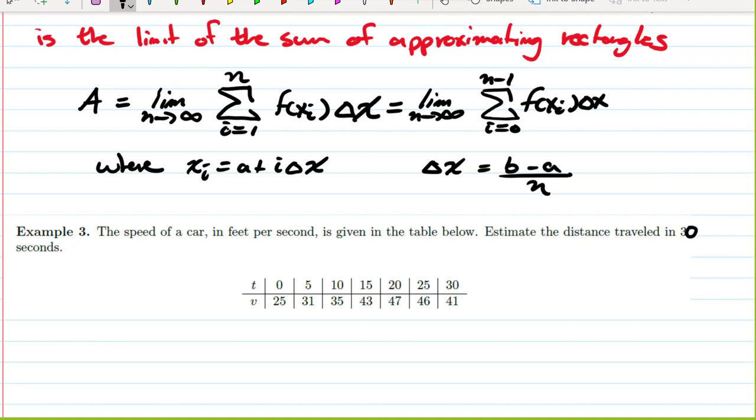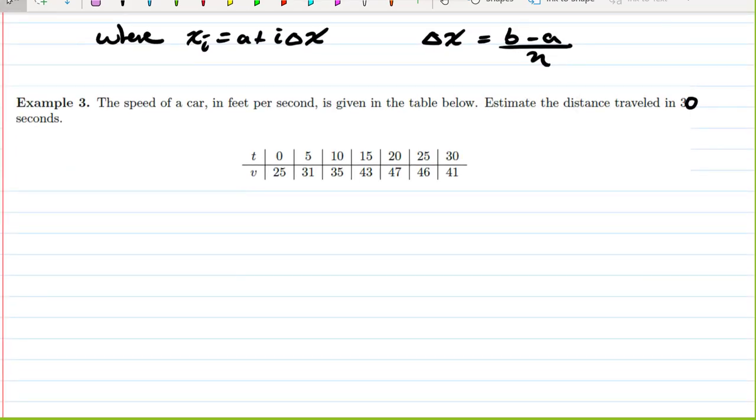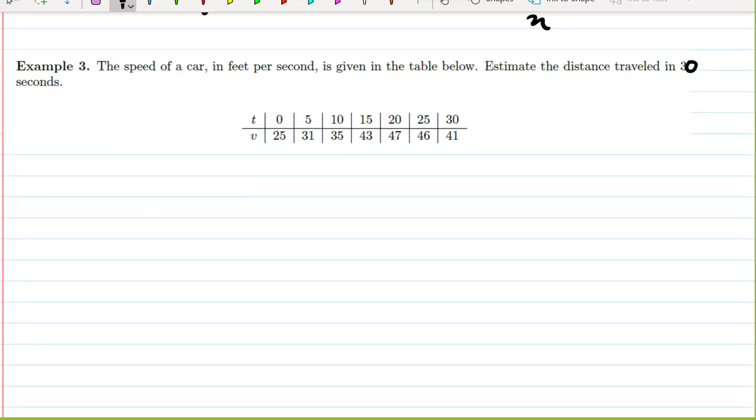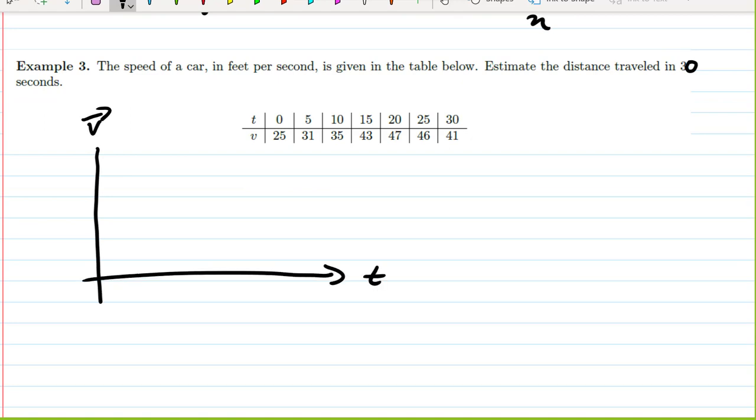Well, to make a connection, we're going to take a sidebar for a second. If I said you were driving 60 miles an hour for 3 hours, how far did you go? Well, you would just go 60 times 3, which gives you 180. Let's draw a picture. So what if I have time on my horizontal axis and velocity on my vertical axis?